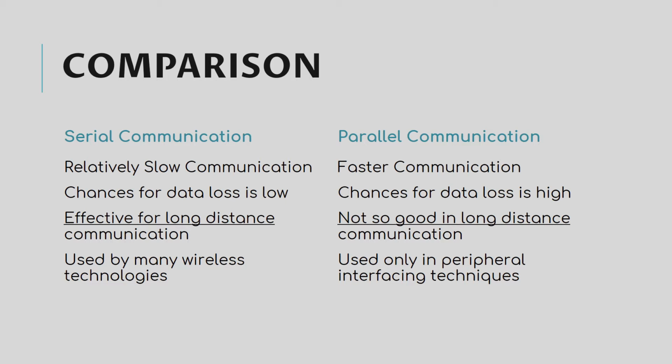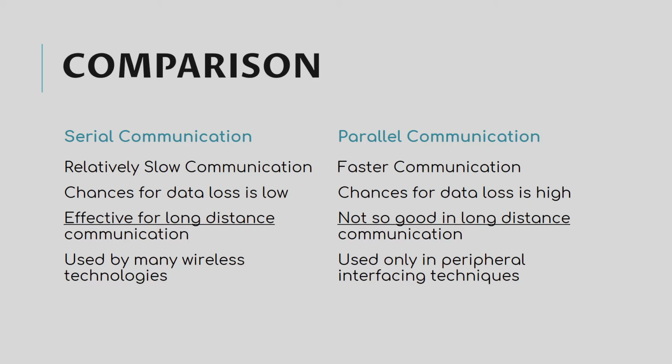But in the case of serial communication, there are many cabling standards and many wireless technologies which follow the serial communication method, and they have error checking algorithms where, if the receiver has not received any meaningful data, it can send a negative acknowledgement, and then the sender will be responsible to resend the data. These are a few of the error checking methods they follow.